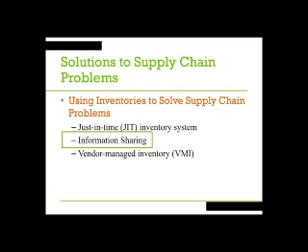Vendor managed inventory. The concept there is that instead of keeping the sub-assemblies and raw material physically in my business, I'm going to make my vendor hang on to that. So that when I want it, I just say, I need 10 of these, 2 of those, and 3 of those.